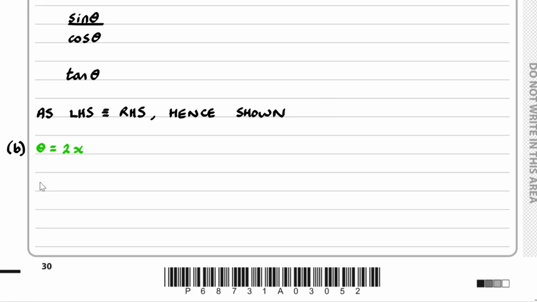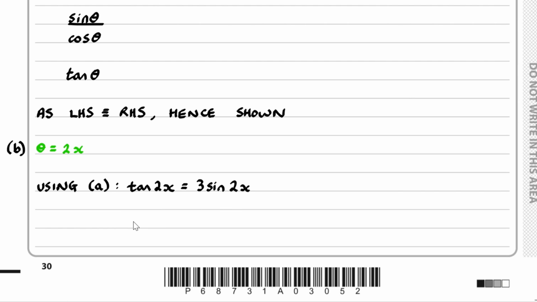So, using part A, we've got tan 2x, which is equal to 3 sine 2x. And now we need to tidy all of this up.